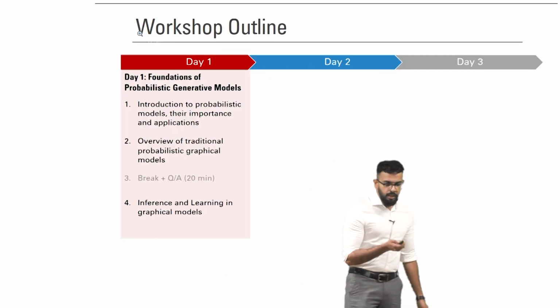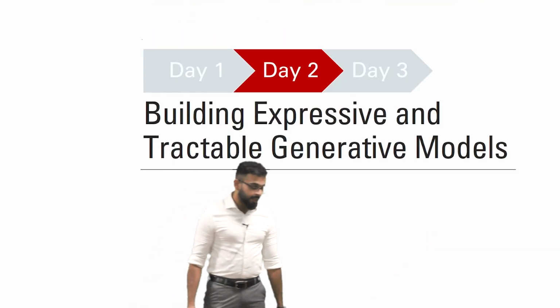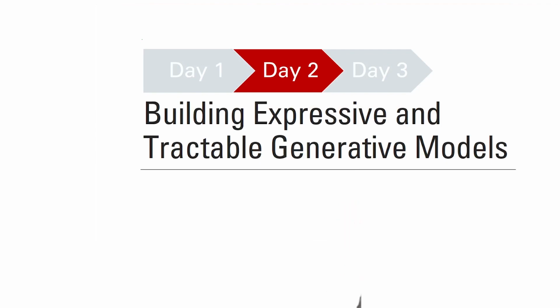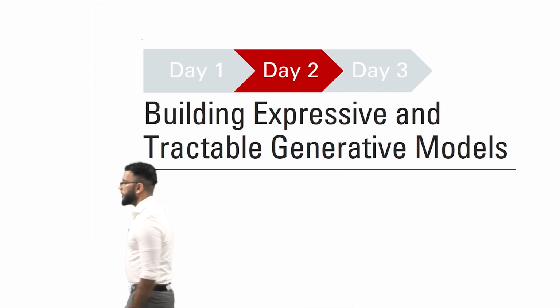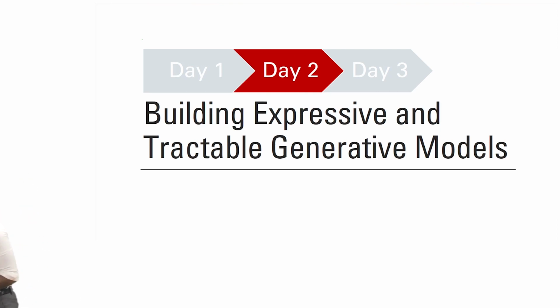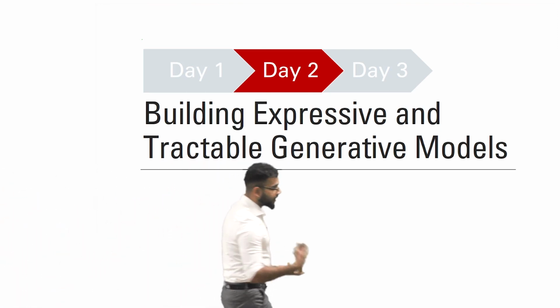Okay, so let's go. Yesterday we looked at some of the foundations of what are called probabilistic graphical models, a classical way of looking at how you can represent a probability distribution and get answers from it by running inference.